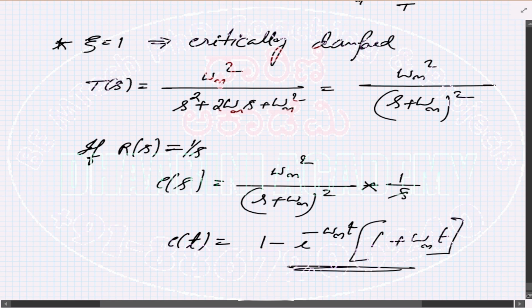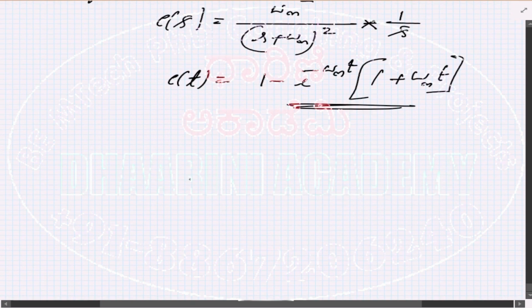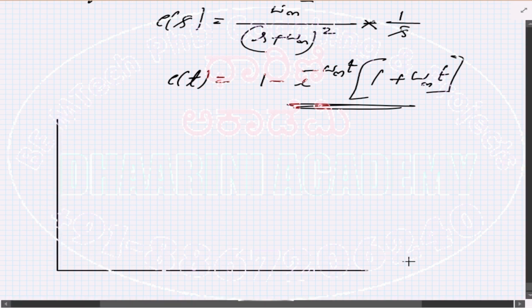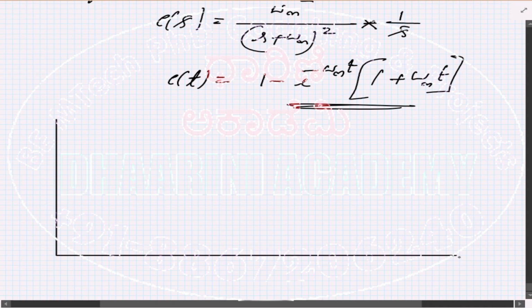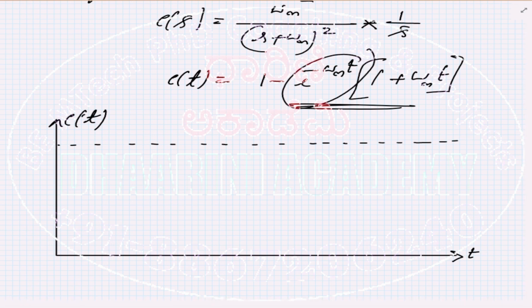Now if you look at the plot, what is important is the plot. The plot here is t versus c of t. My input is u of t, so say this is 1. I can see that there is an exponential term, e to the power minus omega n t, that is getting subtracted from 1.